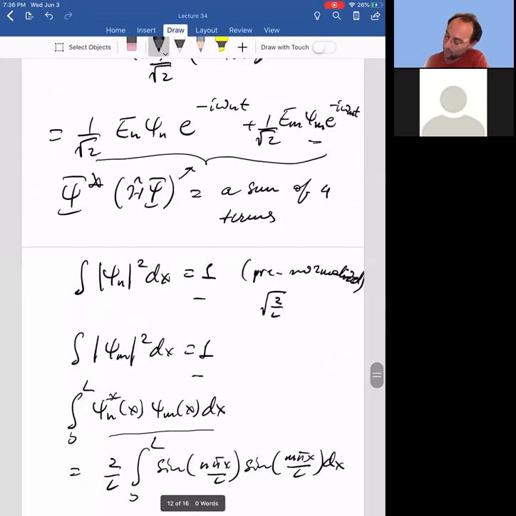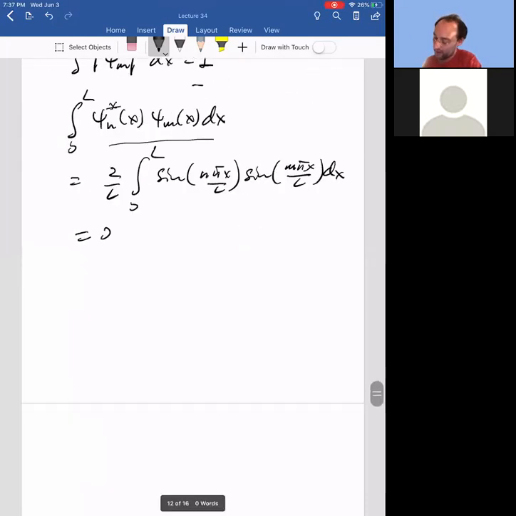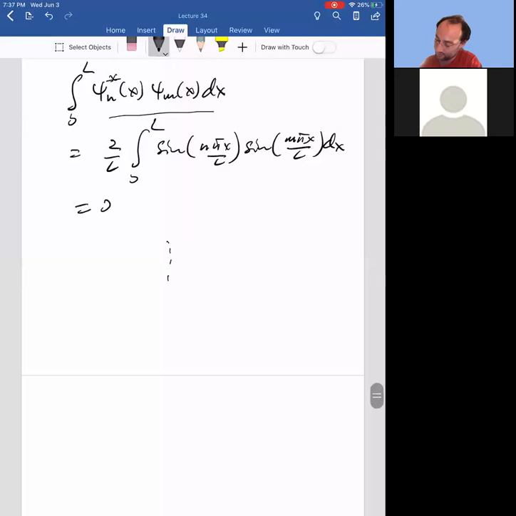So out of those 4 terms, when you integrate 2 of them, it will give you a 0. And the integrals of the others will give you E sub n over 2 plus E sub m over 2, which is just the average of the 2.